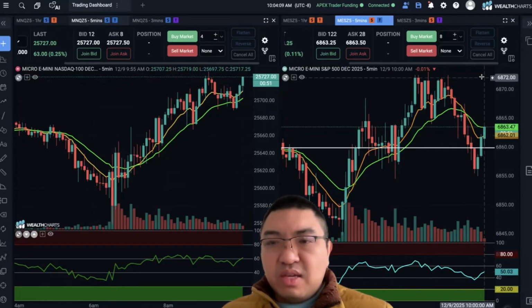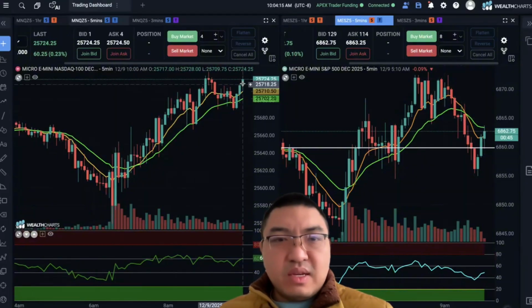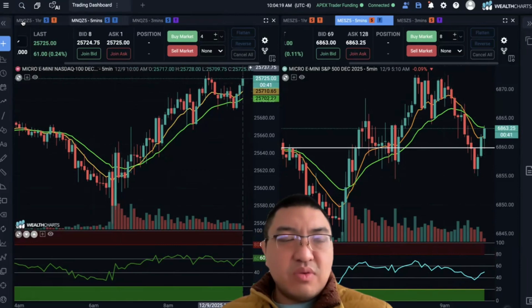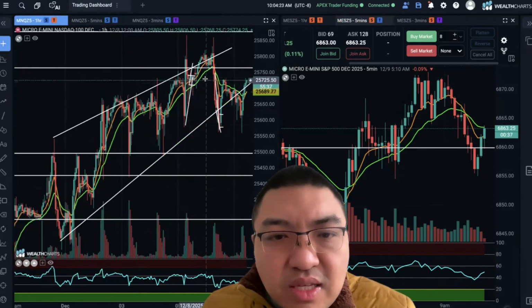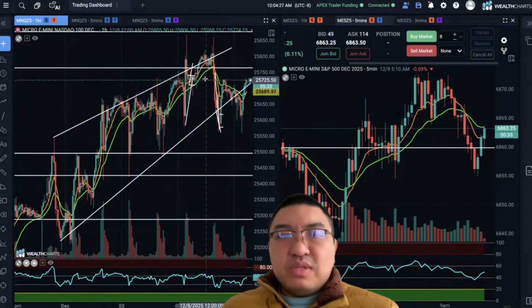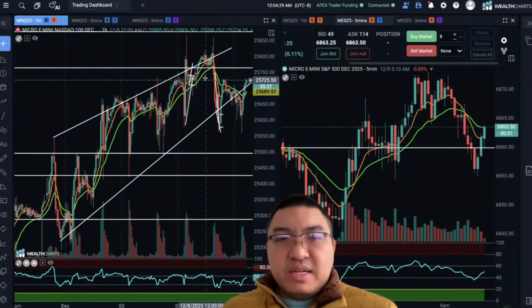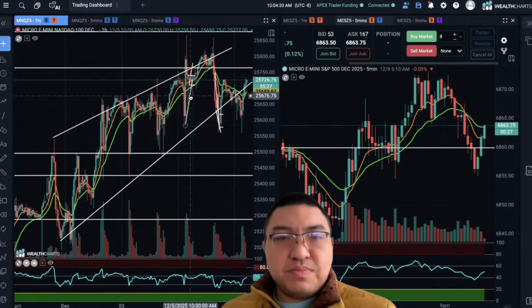Probably it will arrive here and show some downward momentum. So let's wait. And even if it reaches here and keeps going up, it's not okay to go long because it's still in the resistance level. We want to see a meaningful breakout, retest, and resume upward.